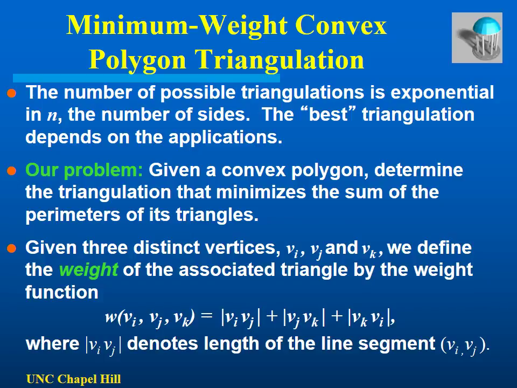So the triangle V sub i, V sub j, V sub k is a triangle, and its weight is the perimeter. That is to say, the sum of the lengths of its sides, and its sides are the ViVj side, the VjVk side, and the VkVi side.